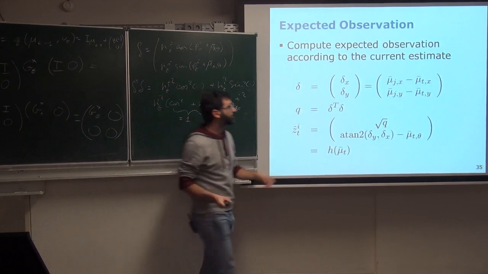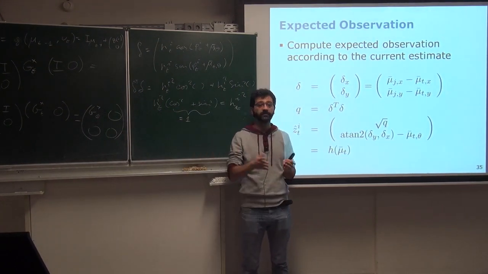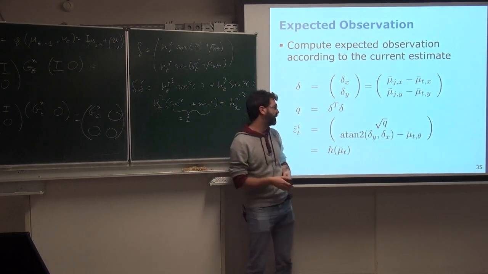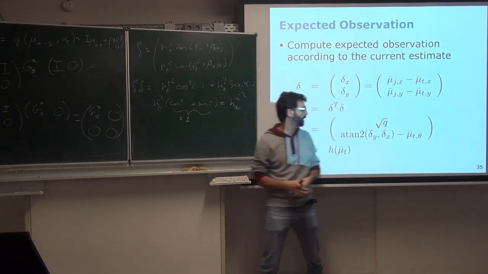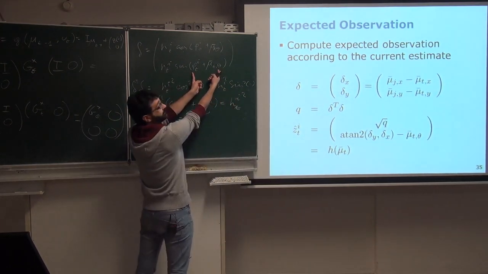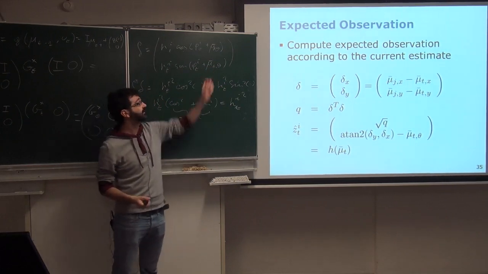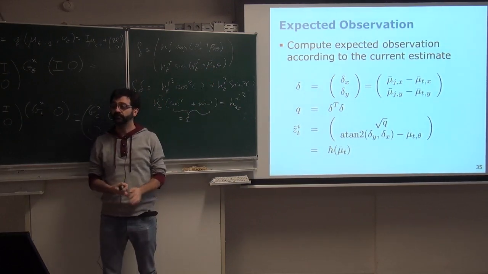This will give you the absolute angle with respect to the world frame, and from this one you need to subtract the angle of the robot, no? Because it will give you what's inside here, and then you subtract again the angle of the robot. Okay?